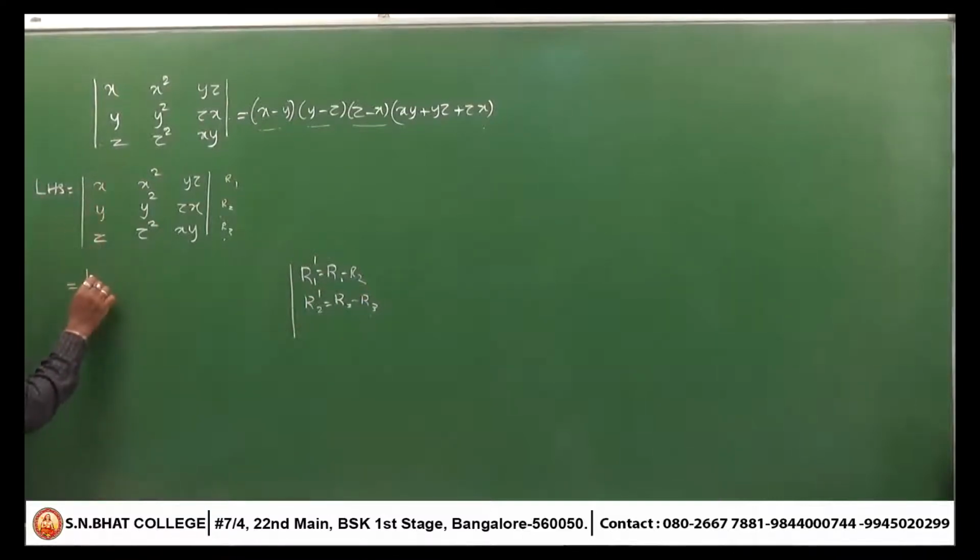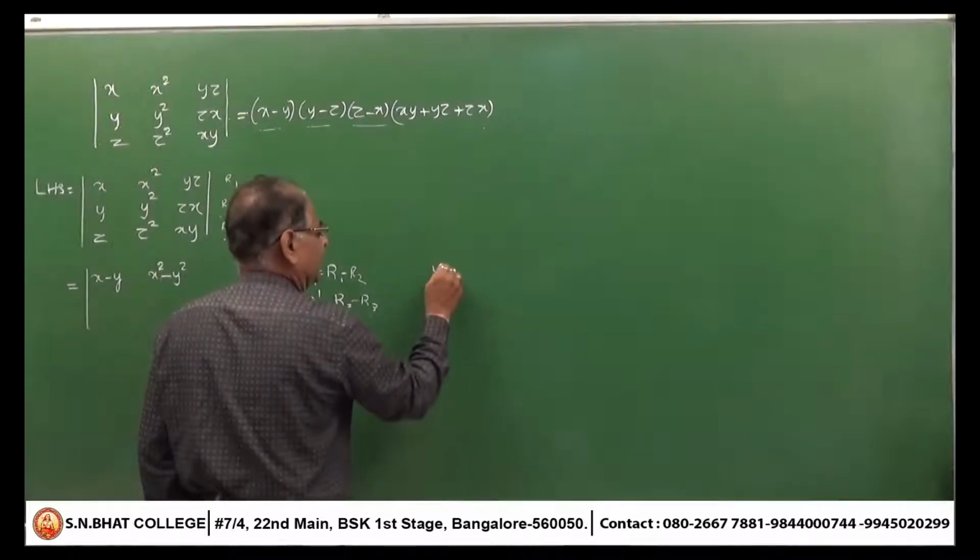This minus this, x minus y, you have to write it in R1. So x minus y, x square minus y square, x square minus y square. Next, yz minus zx.